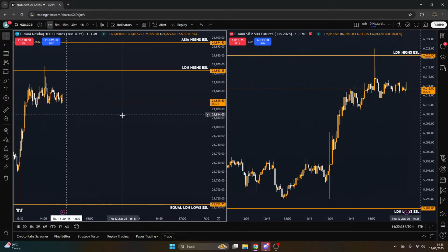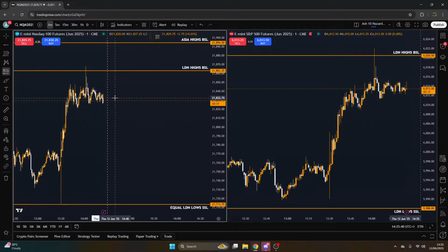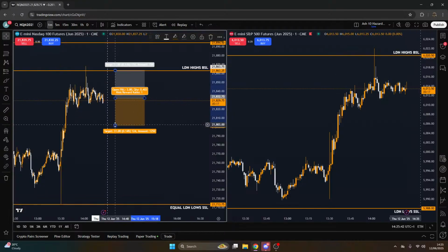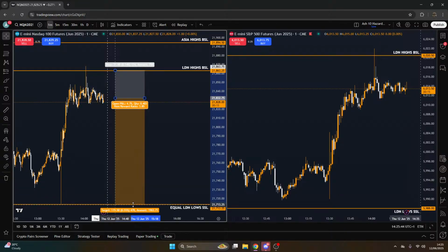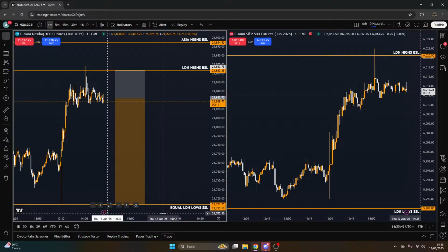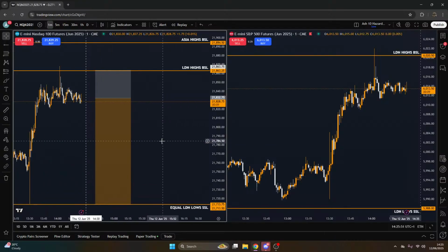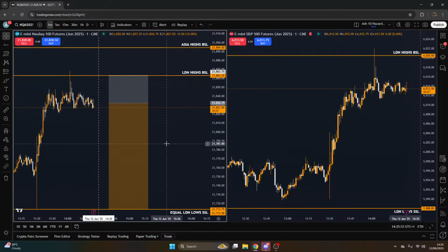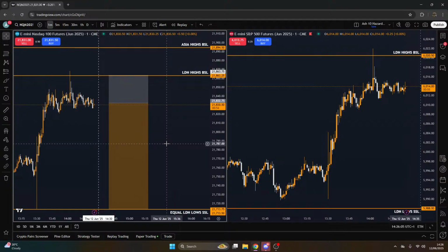So if we were to get in for a short position, I'm not going to get in right now, but hypothetically, there is a high probable chance that we're going to target equal London lows. Because if you have experience, or even if you're new, equal highs or equal lows are a high probability draw on liquidity. And what draw on liquidity means is the nearest point that price wants to go to, because price is always targeting highs and lows.